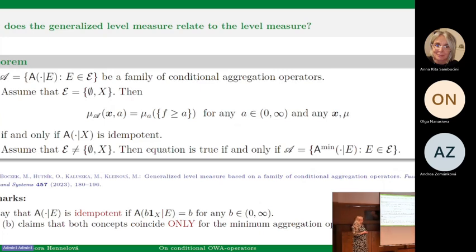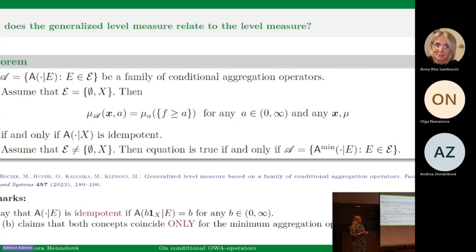If we have a trivial collection containing the empty set and the basic set, then the equality holds only for an idempotent conditional aggregation operator, where on the right-hand side is the well-known level-dependent level measure.